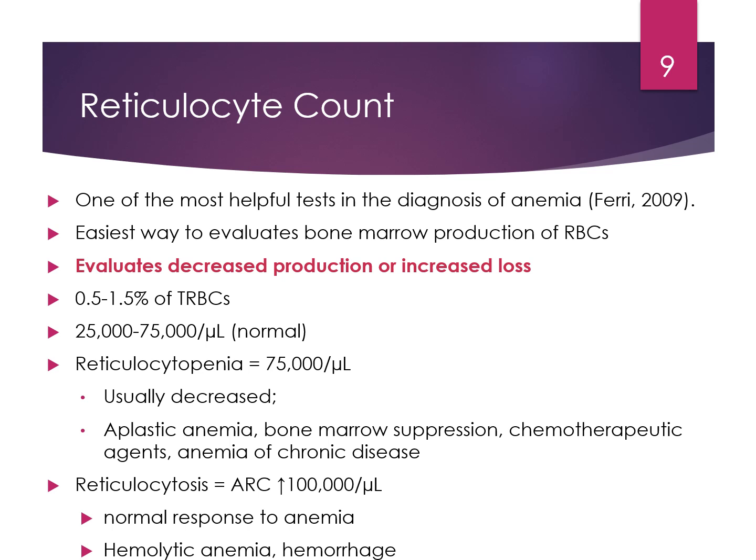So you have some type of suppression, as in chemotherapy or even aplastic anemia. However, if it is elevated, greater than 100,000, then we call that reticulocytosis, right? And that's normally what we get when we see the body trying to respond to maybe having some blood loss. It's trying to overcompensate.